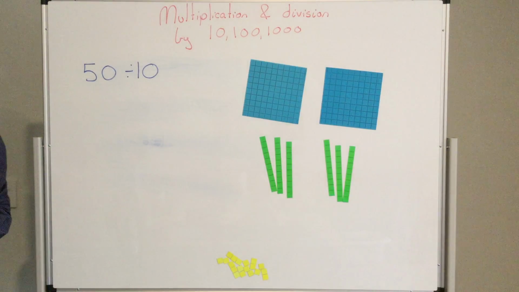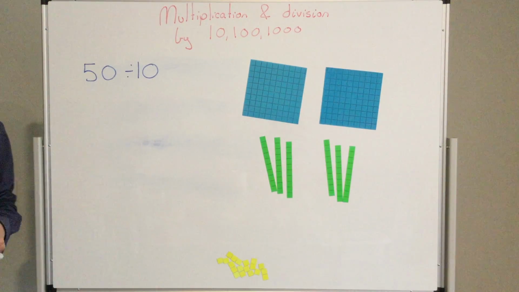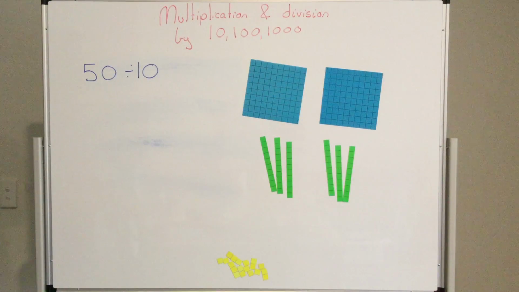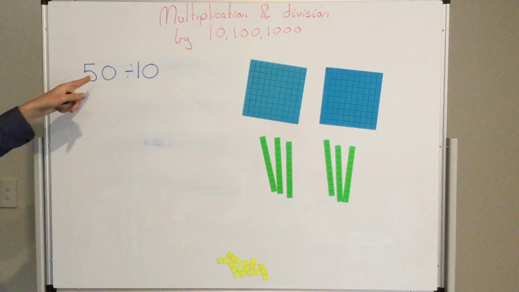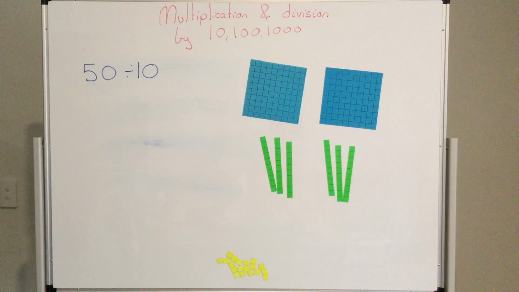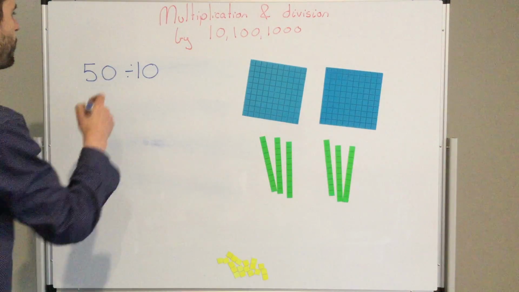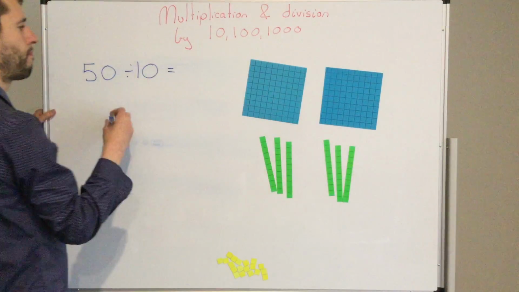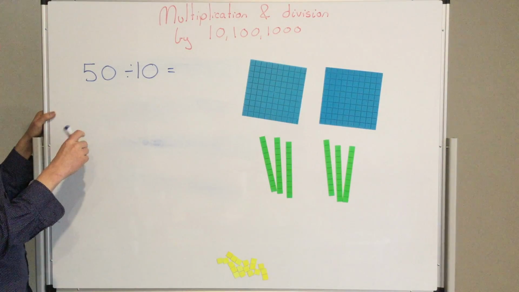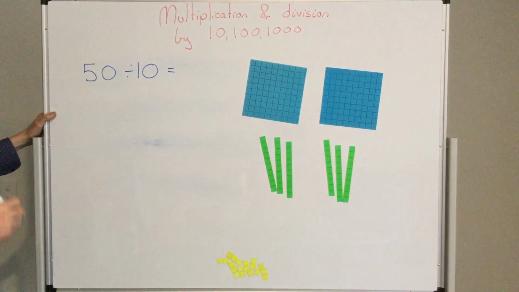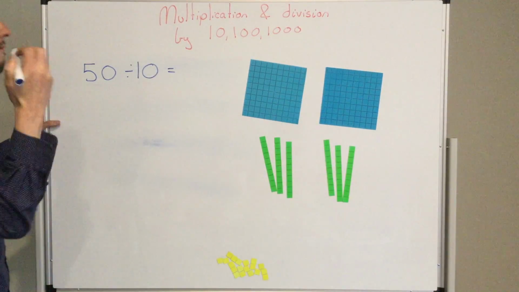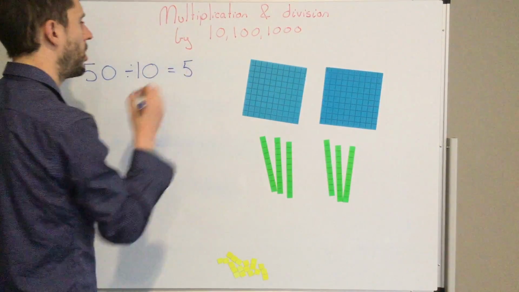50 divided by 10. So the first thing I would like you to think about here is that we are going to need to think about our times tables. 10 times what equals 50? 10 times 5 equals 50.